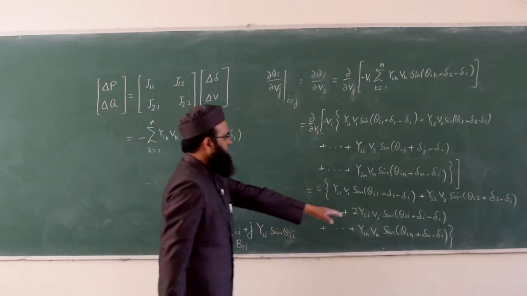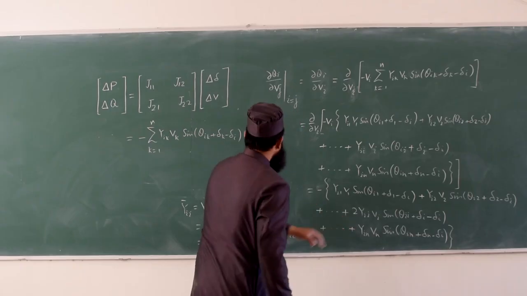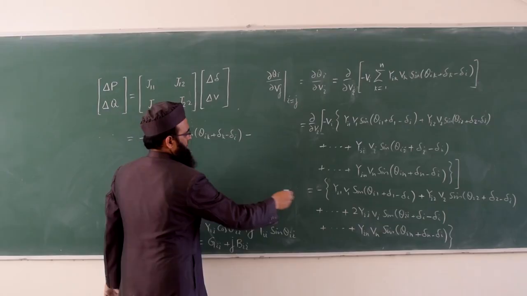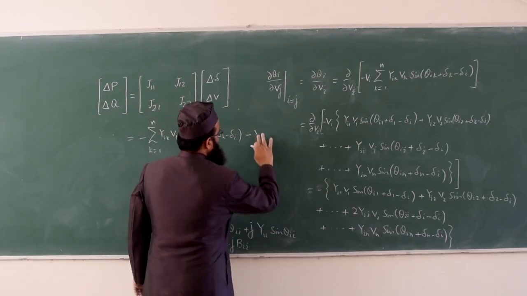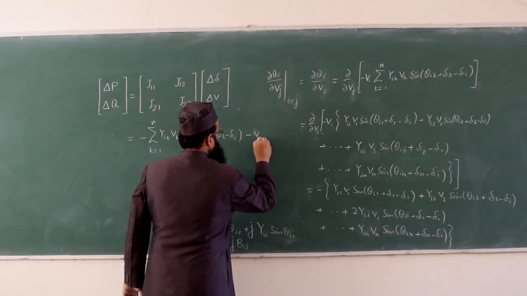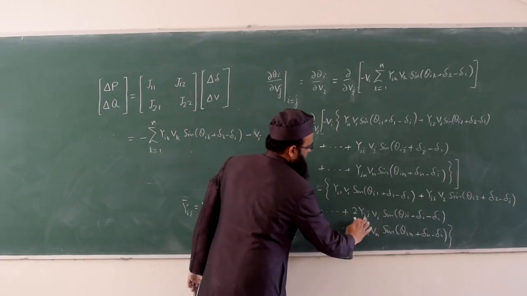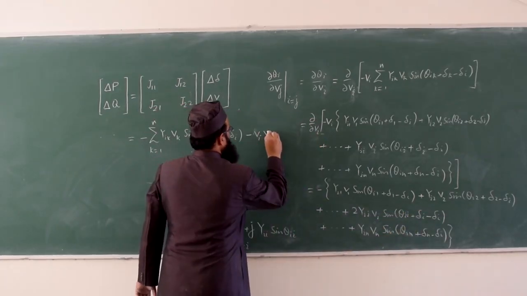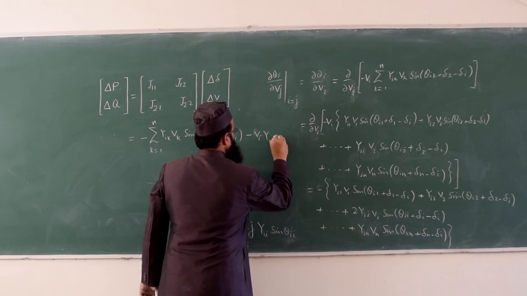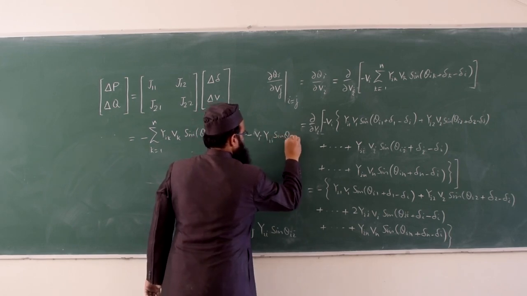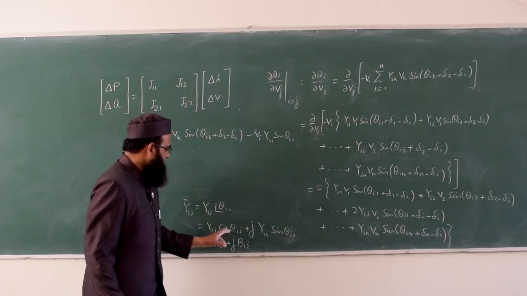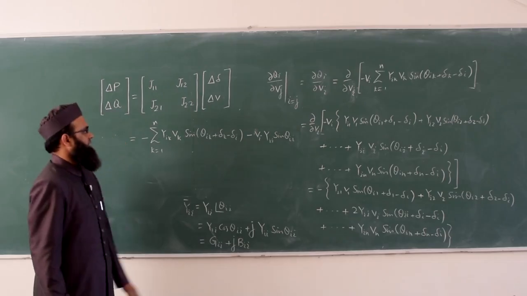And the remaining one term of the ith term, minus sign is outside, we can write minus Vi, take first Vi, Yii sin theta ii, delta i minus delta i is 0. So, Vi Yii sin theta ii, and Yii sin theta ii we can write as Bii.